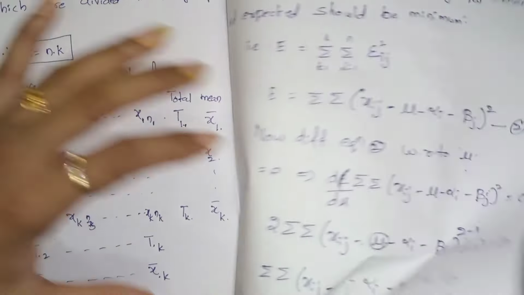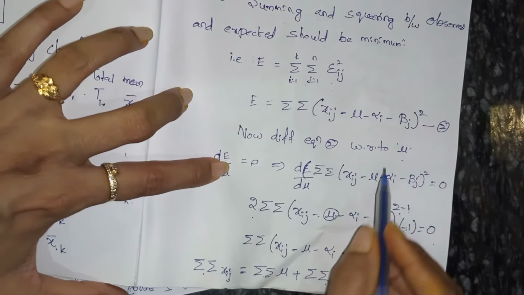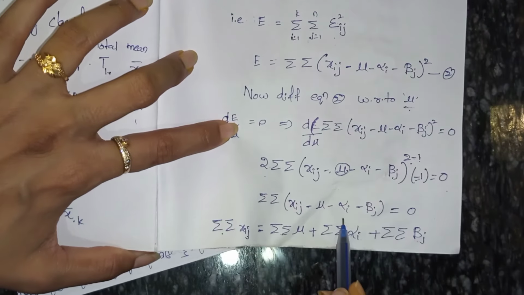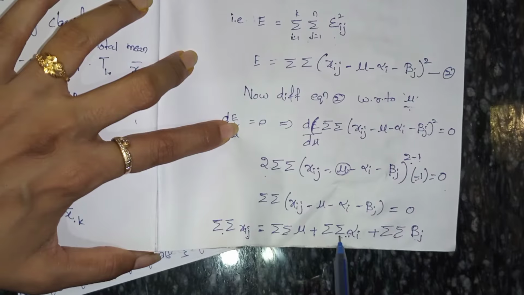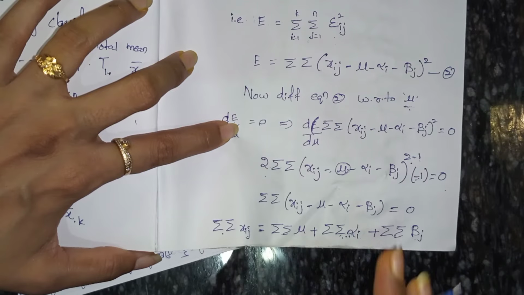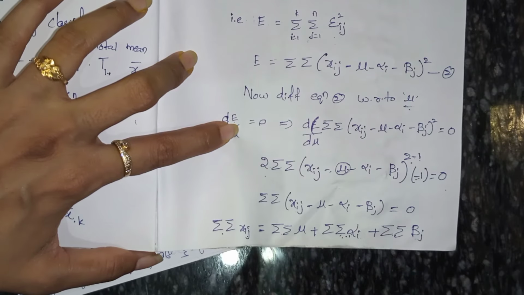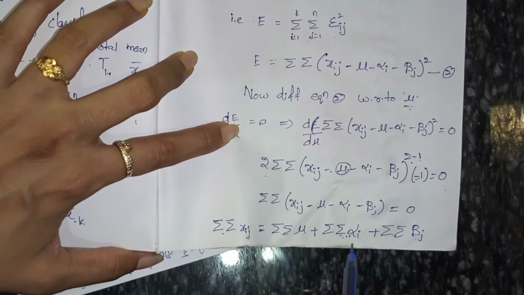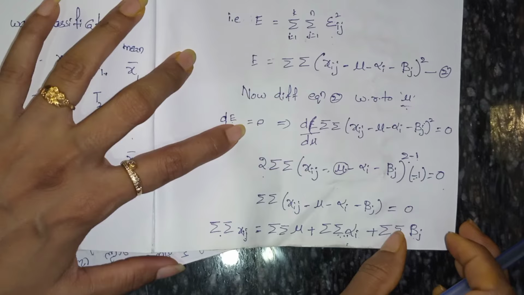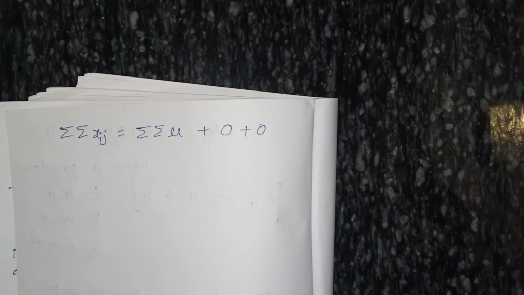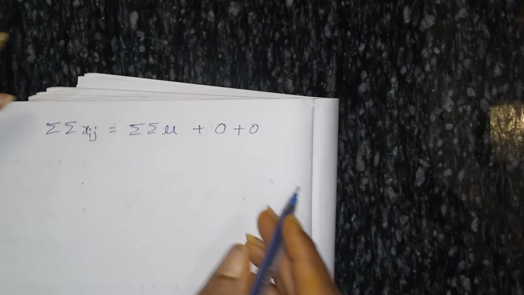Why? Because as I told you, we are going to concentrate only on mu, so alpha and beta values become 0. That means we are not going to do any analysis regarding alpha and beta j, so we keep those as 0, or else we can say those are independent variables.